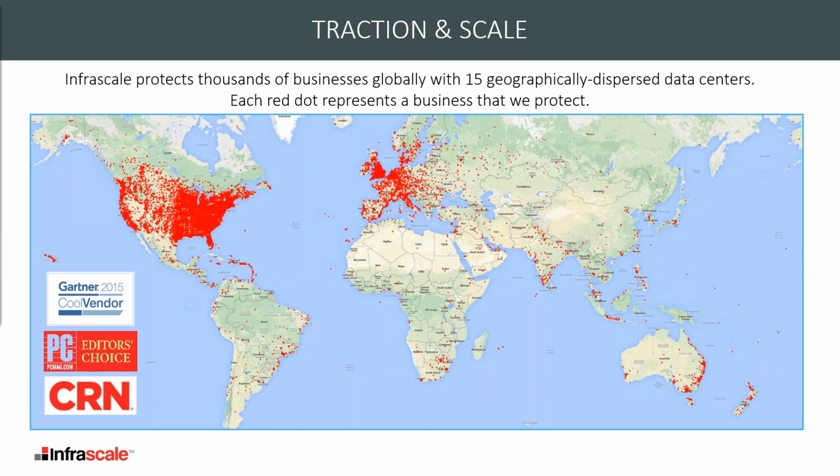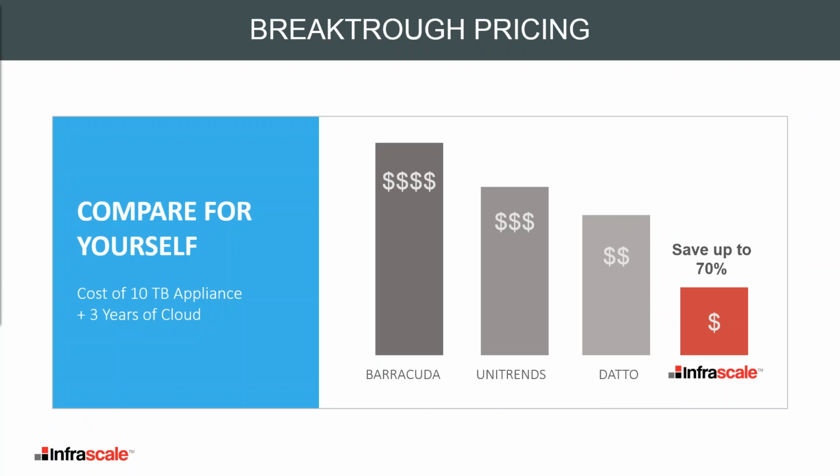So you can see that we have thousands of businesses globally. We have 15 geographically dispersed data centers, and each of these red dots, you can see, of course, very heavily concentrated in North America and Europe and Australia, but we have coverage all over the entire world.